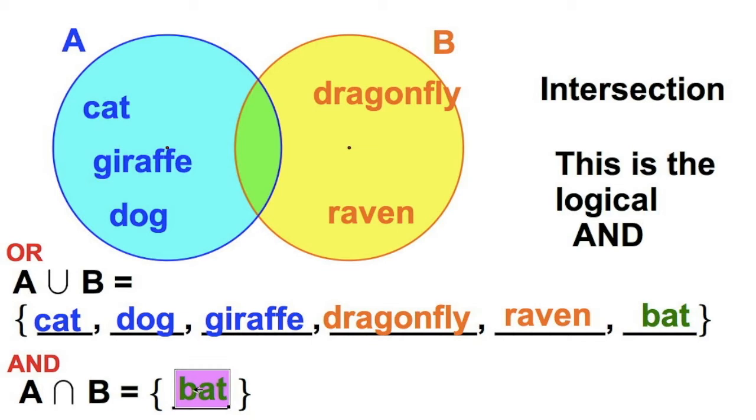And we have the single element, the bat. That green stands for all the elements that are in set A, the blue set, and in set B. Therefore, the logical and is the intersection of the two sets.